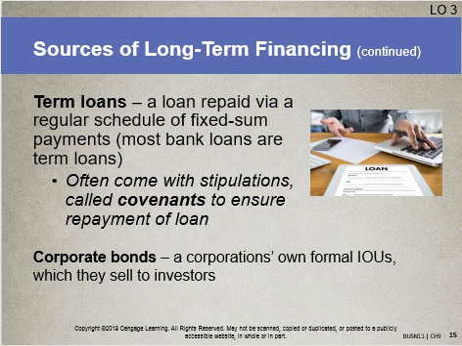Now, the catch with term loans is they're usually subject to covenants. A bank might say, okay, look, we'll loan you this money, but we're going to put in covenants that say that you must keep your credit rating at this amount, or we're going to raise your interest rate, because they're taking on risk loaning you money.